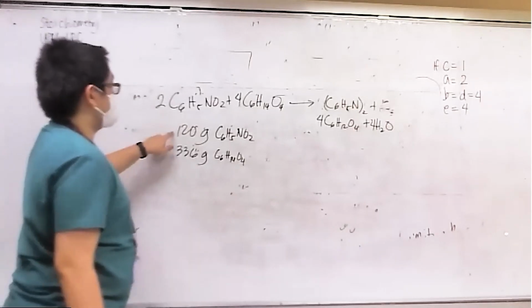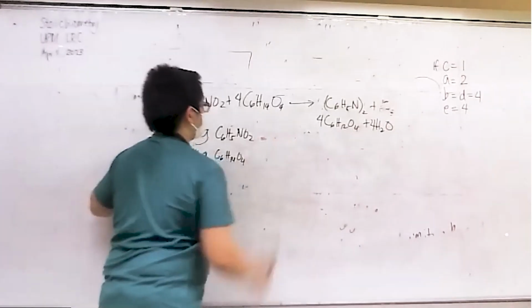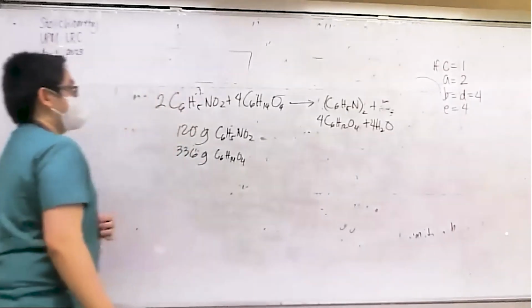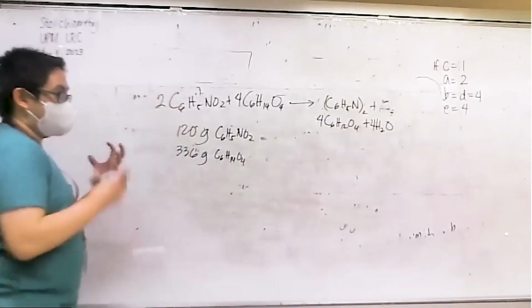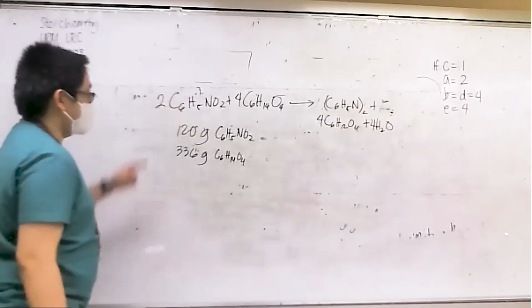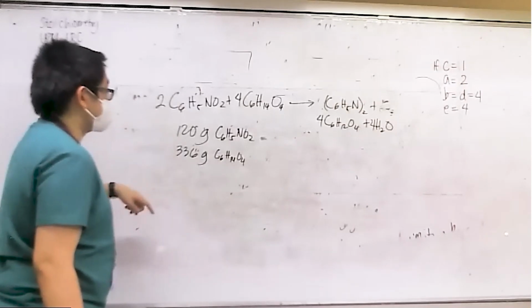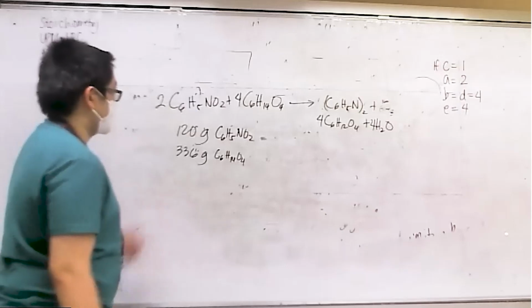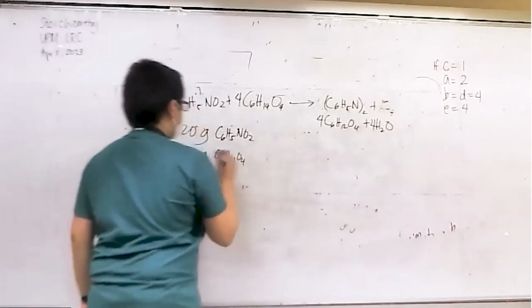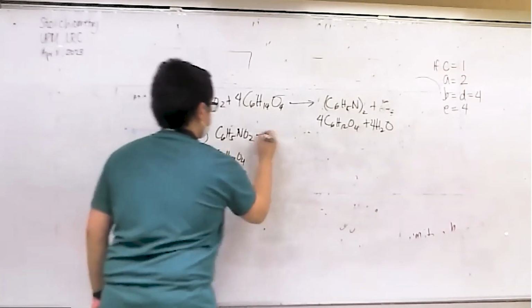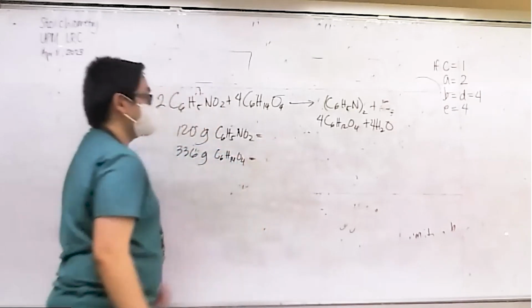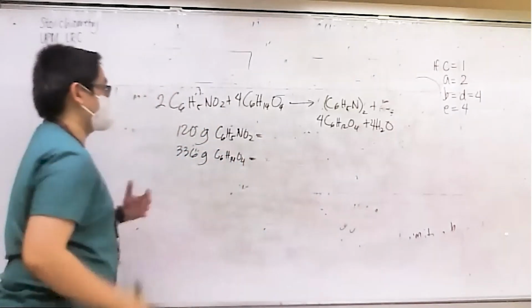So, 120 grams, we convert this first to moles. So, ang technique ko dito, paano makahanap ng limiting reactant kaagad, is to convert each one to moles, and whatever one is less than the other, yun si limiting reactant. So, what do I mean by that?